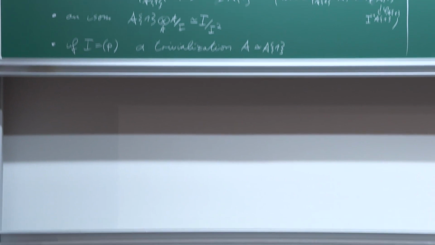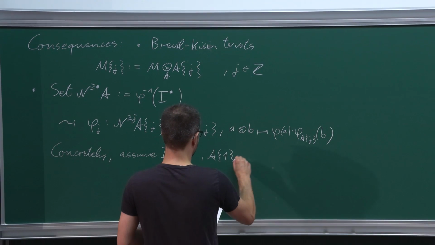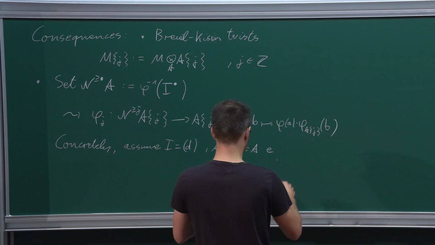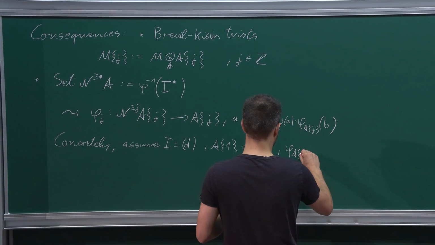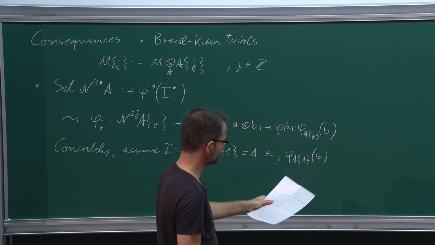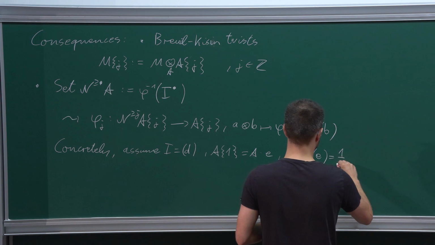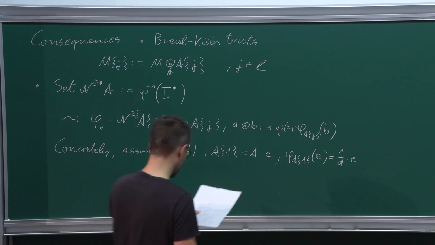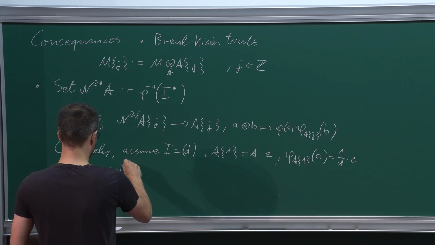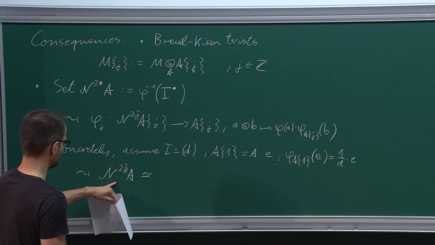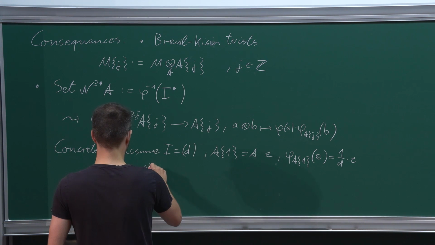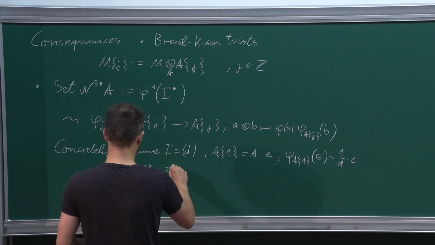And so what we can do is write the Breuil-Kisin twist, say, as A times e, and then let us also assume that the Frobenius of the Breuil-Kisin twist sends this generator e to 1 over d times e. And then, okay, we get the trivialization. Okay, the j-th Nygaard filtration is then isomorphic via the multiplication with e^j to the Breuil-Kisin twisted one.